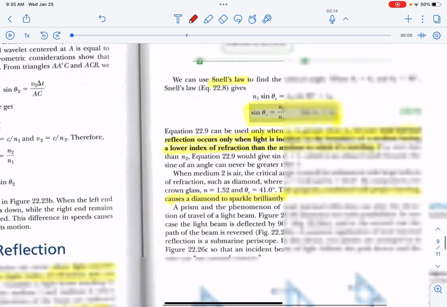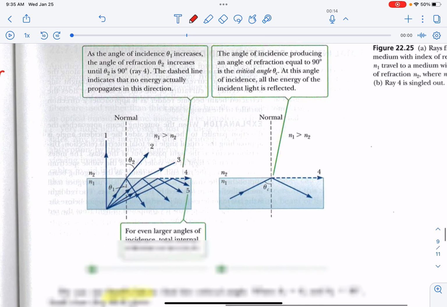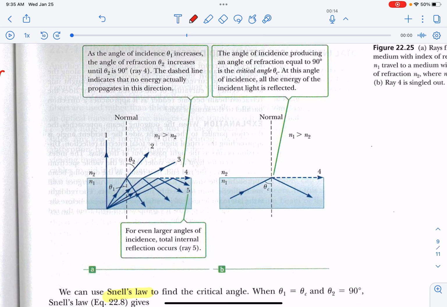So if we come up here and look at this diagram, if we're looking straight this way from a denser medium to a less dense medium, we're going to just be able to see things straight ahead of us.